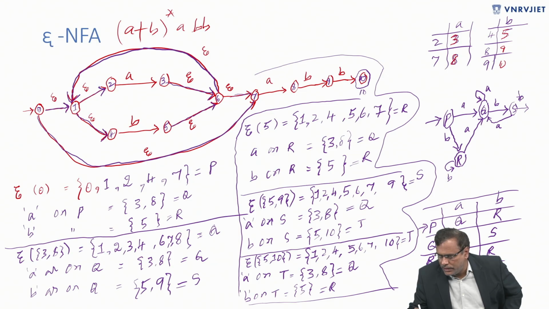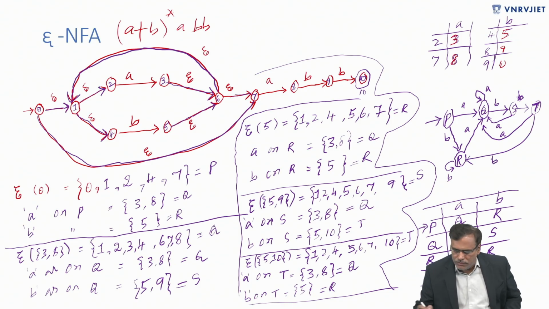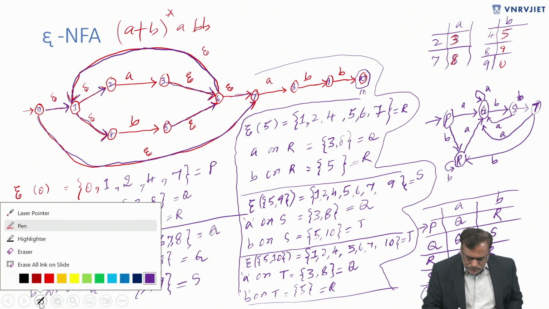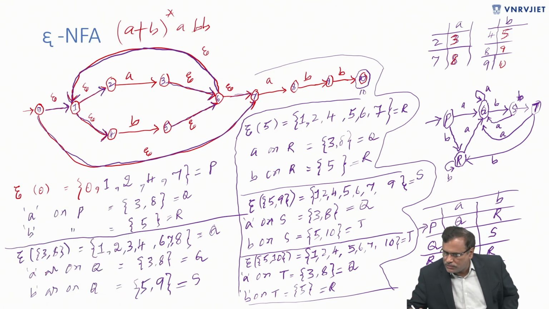Sorry, S on B, you can go to T. So this T is a final state. From T on A, you can go to Q. T on B, you can go to state R. And this T is a final state, so let me double circle this.